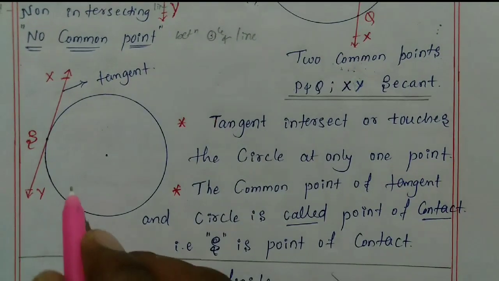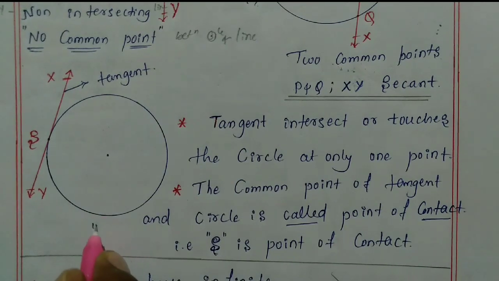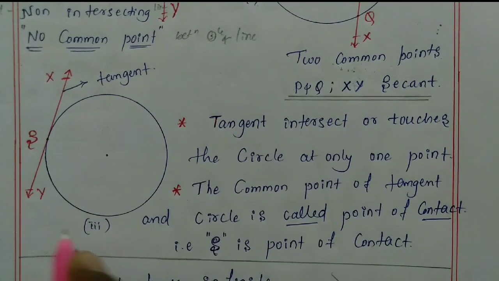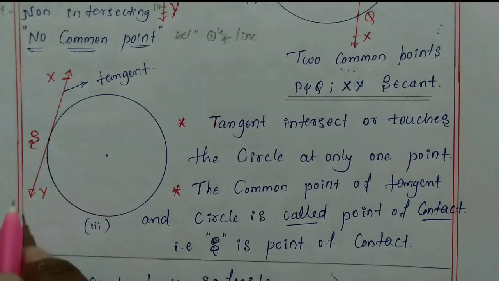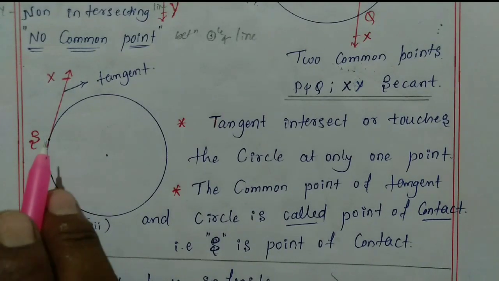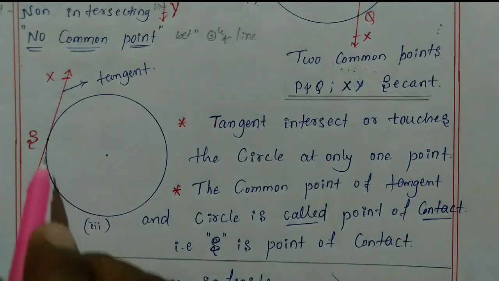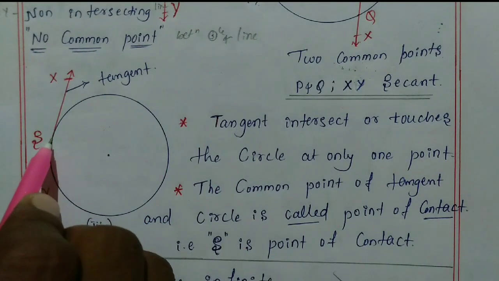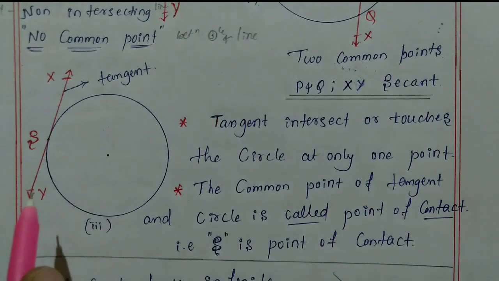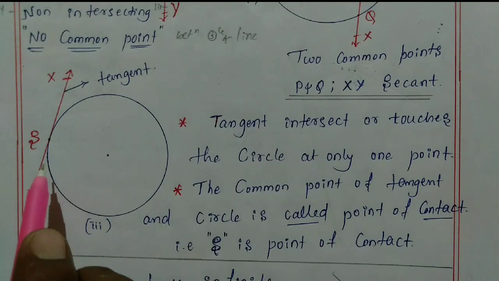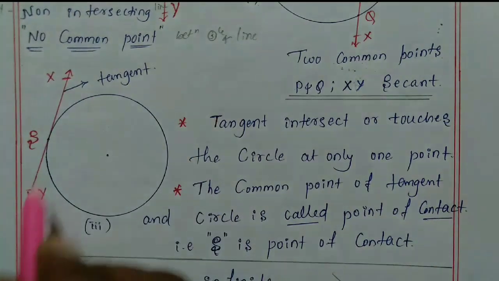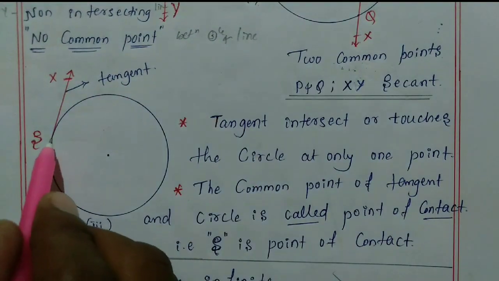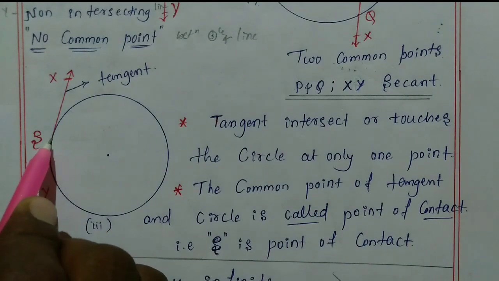See, this is the third figure. In this third figure, this is the line segment XY. This line just touches the circle at only one point. If a line touches or intersects the circle at only one point, then it is called a tangent. So here XY is a tangent, and this common point of the tangent and circle is called the point of contact.